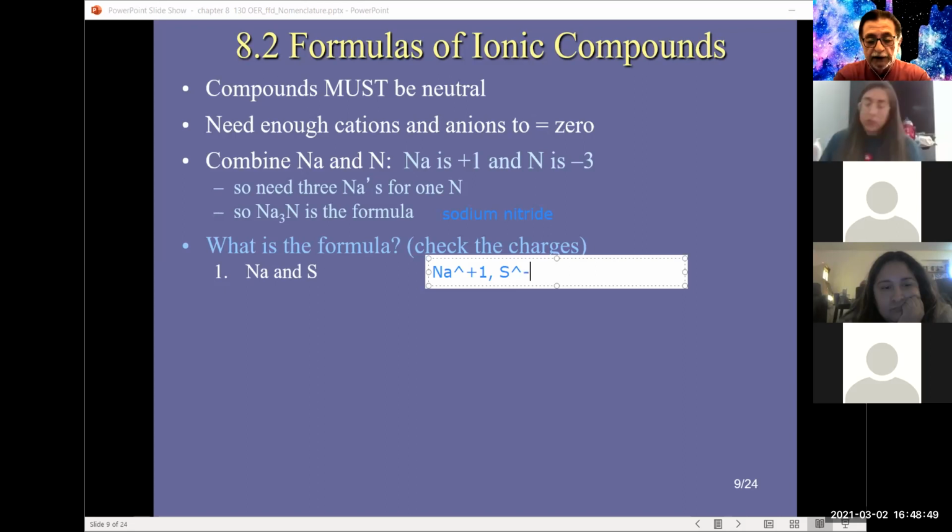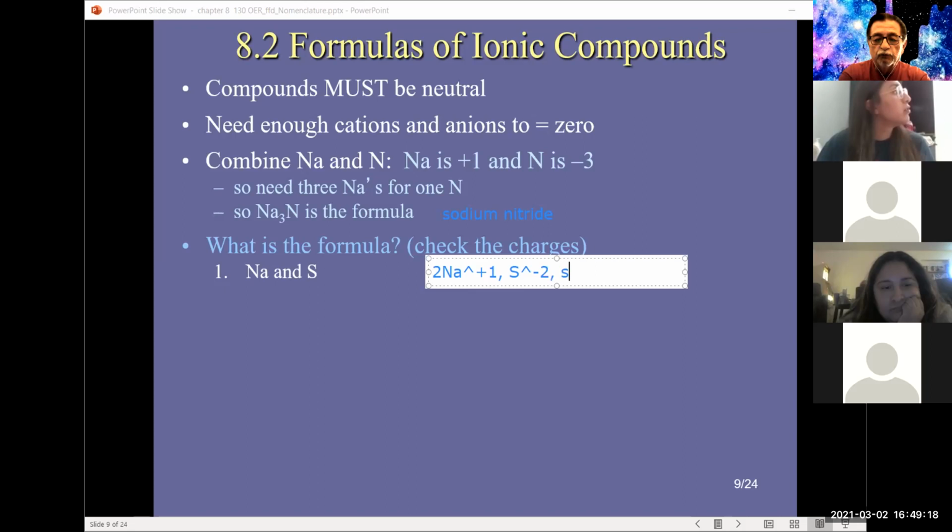It becomes -2 because it is in group 6 and it's going to gain 2 electrons to get that happy 8. Okay. And so now I need to put them together such that we end up with 0. So because the sodium is a +1, that tells me that I need 2 of them. So I need 2 sodiums for every sulfide.